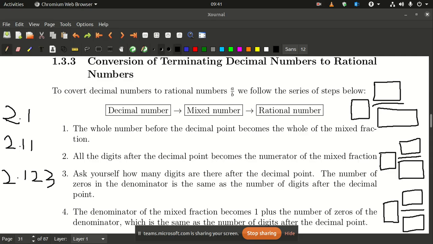So this one tells you how many wholes you have, the number of wholes. And the number after the decimal point is a fractional part. That's what we said in our last class.